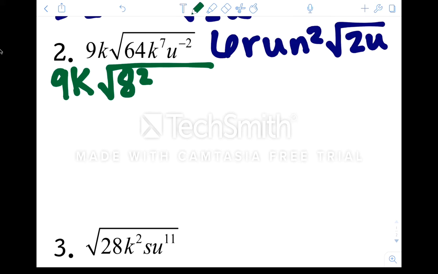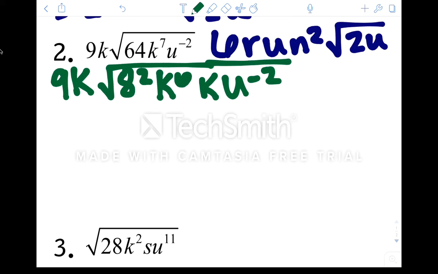K to the 7th has an odd exponent, so I'm going to rewrite it as k to the 6th times k. And then u to the negative 2. Even though it's negative, negative 2 is still an even exponent, so I'm going to write it as u to the negative 2. And then I'll deal with that negative a little bit later.